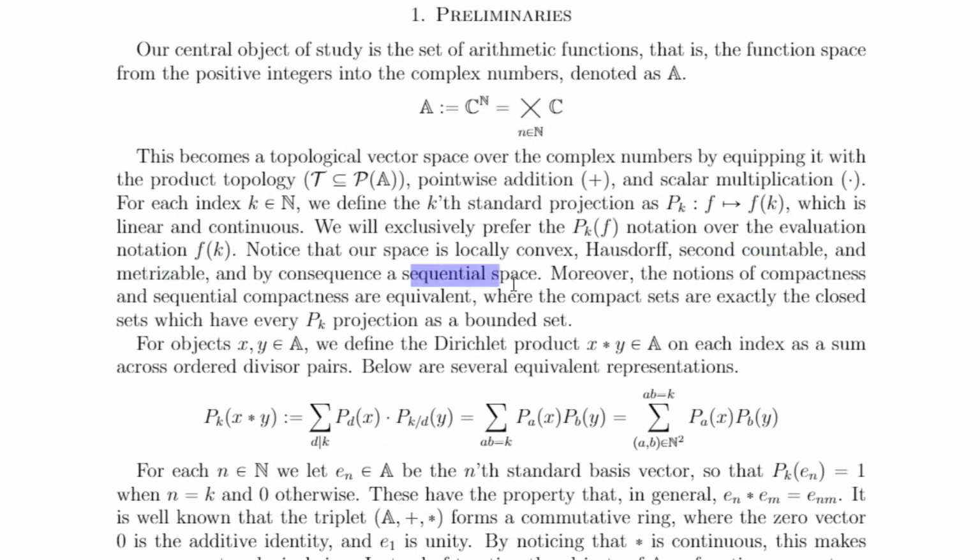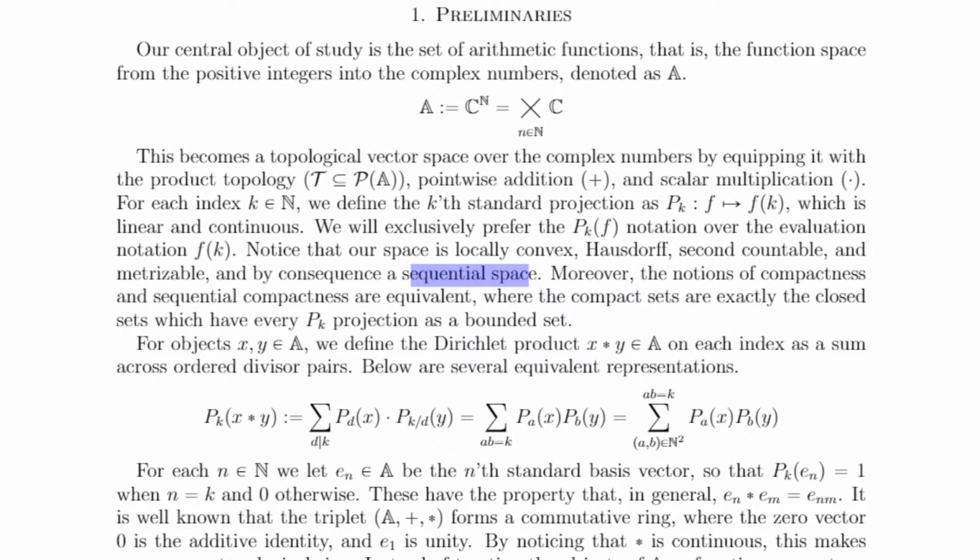One of those properties is that it's a sequential space. Not all topologies are sequential spaces. What it means to be a sequential space is that you can essentially define the topology in terms of sequences. So if you want to know if a function is continuous, it's enough to consider a sequence of inputs tending to a point, and figure out if that sequence has a limit when you apply the function.